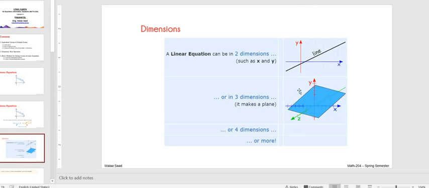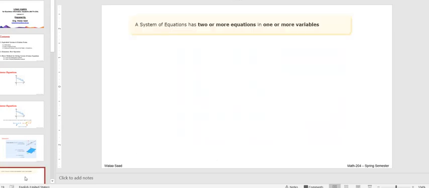Imagine a piece of paper, and then imagine that we've extended it from all directions, from all these 4 sides. Up till where? Up till nowhere, actually, up till infinity. This will be the description of a plane, which is a linear equation in 3 unknowns. The 3 unknowns can be x, y, z, or x1, x2, and x3. And the dimensions as well can be extendable up till the 4 dimensions or more.